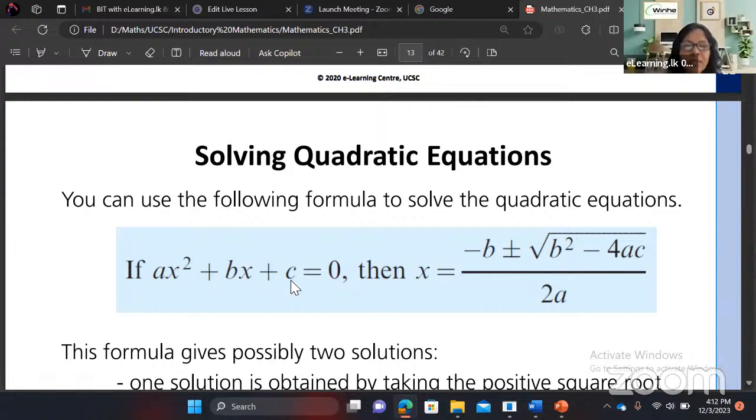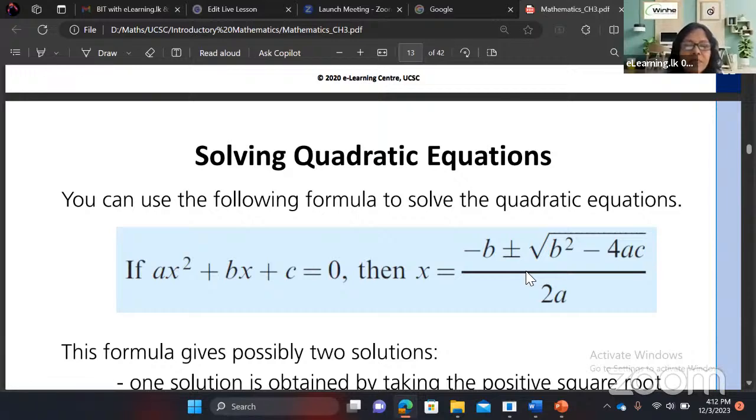Factorization or else applying the formula. The formula is given as, if the equation is in the form of ax squared plus bx plus c equals 0, then the solution or the root of that equation is x equals minus b plus or minus the square root of b squared minus 4ac, divided by 2a.